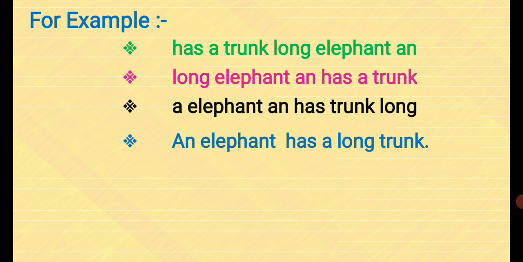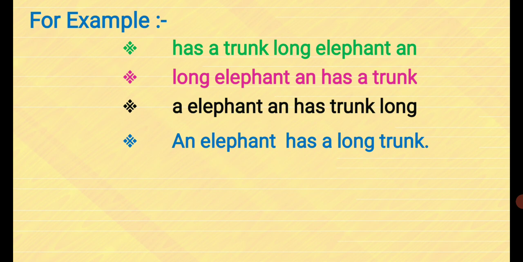Among these four sentences, which one has a meaning? Which one is a correct formation of the sentence? Have you guessed it? Yes, the fourth sentence. An elephant has a long trunk is the correct way, the correct order to make a sentence.